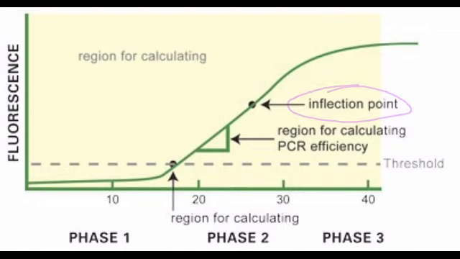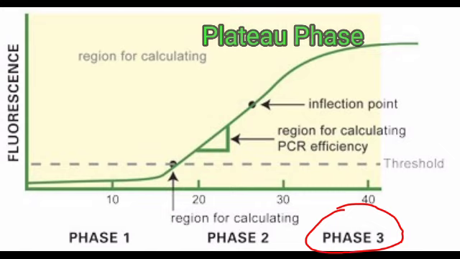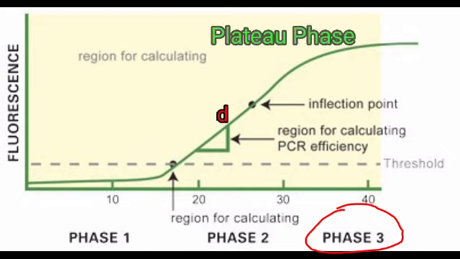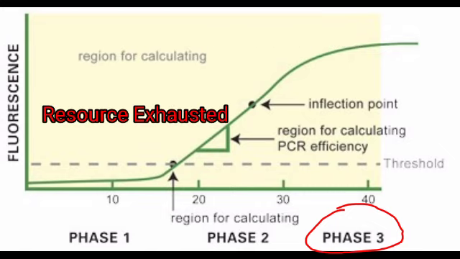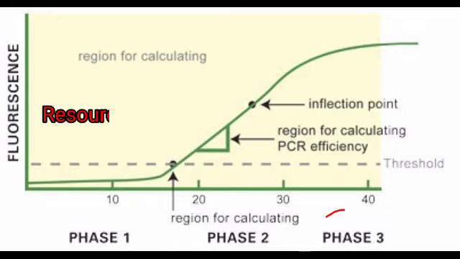This point where resource limitation first takes hold slowly is our inflection point noted above. As the resource limitation becomes progressively more severe, the amplification curve tails off and finally plateaus in our third phase, effectively resource exhausted and unable to grow further.